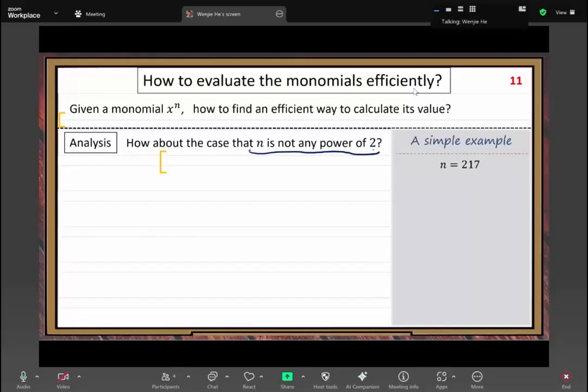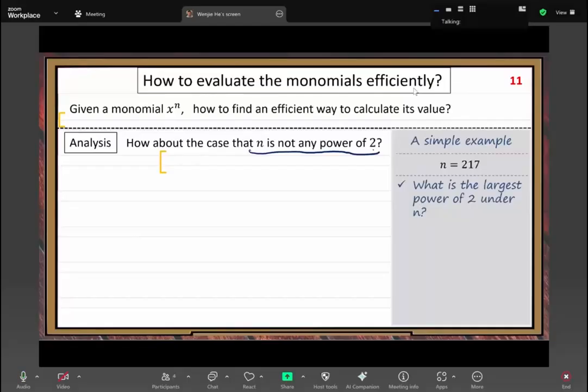If we can do that, then we can still apply the repeated squaring technique. What is the largest power of 2 under n?